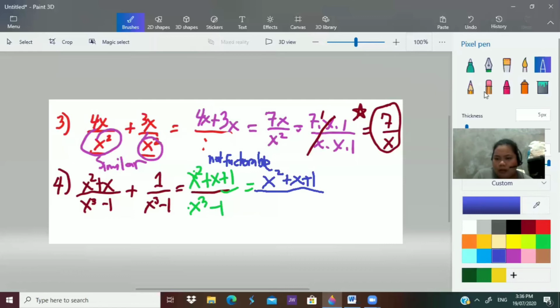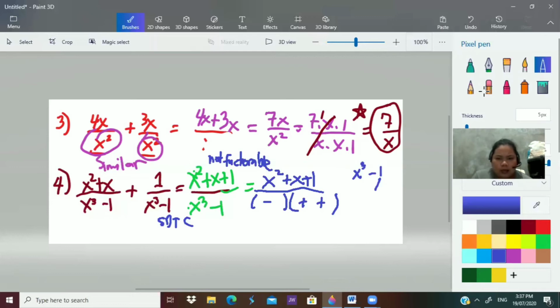So, ang denominator natin ay sum and difference of 2 cubes. So, meaning to say, we're going to factor the denominator by using sum and difference of 2 cubes. So, apply natin. Kapag minus, that would be same, opposite, always positive. Di ba yun yung shortcut natin? So, mangyayari, pag pinactor natin, x cubed minus 1.